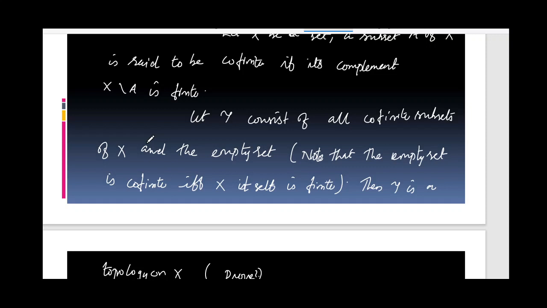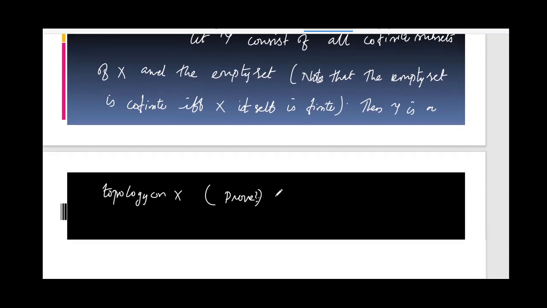Now you want to prove both the empty set and the entire set belong to it. The entire set definitely belongs, because X minus X is the empty set, and the empty set is finite. So X belongs to tau. Now take an arbitrary union of these cofinite subsets and make sure it belongs to tau, and take a finite intersection and make sure that belongs to tau.